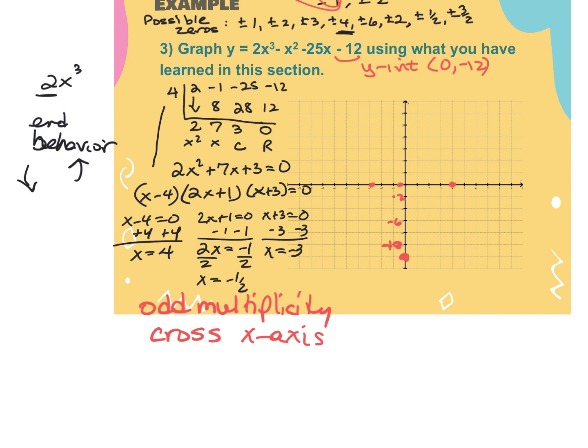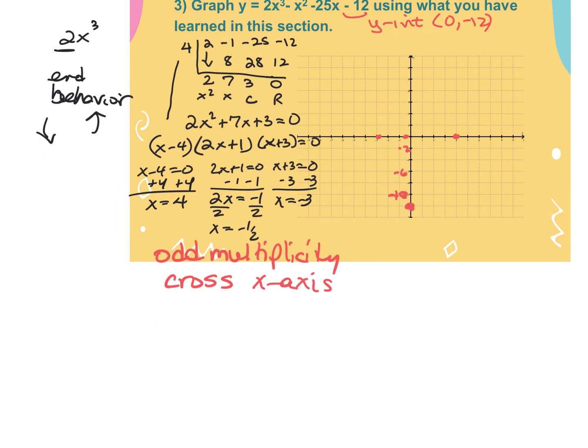Now what we need to do is look for where we need to find additional points. So I definitely need to find additional points in between these 2 zeros here, between the negative 3 and the negative half. I also need to find an additional point in between this y-intercept or the y-axis and this 0 here. So instead of plugging in values for x, I'm going to do synthetic division.